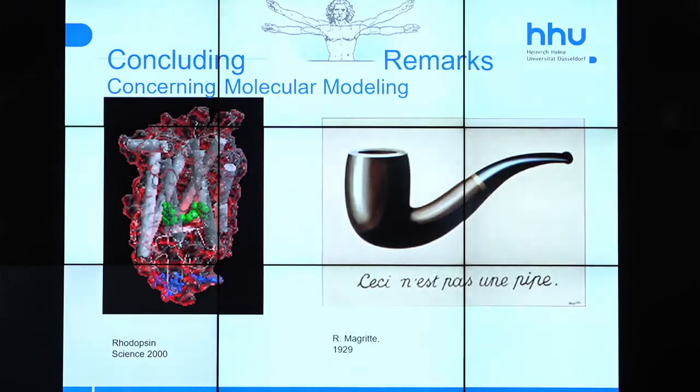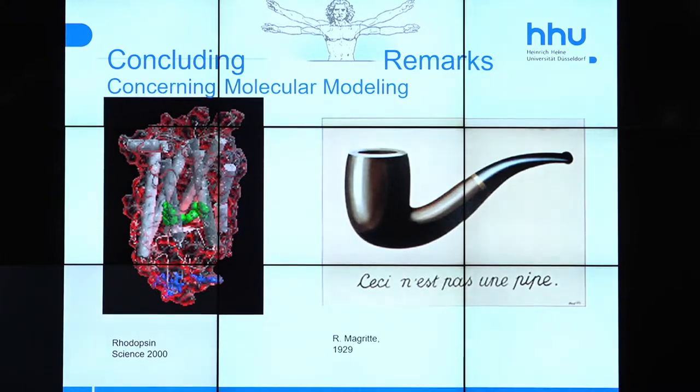And you've seen from my Warhol and other pictures that I'm fond of fine art. Here you see a picture by René Magritte, a Belgian painter, telling us this is not a pipe.